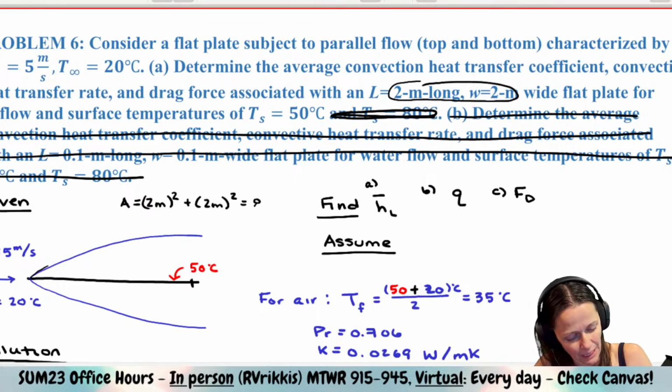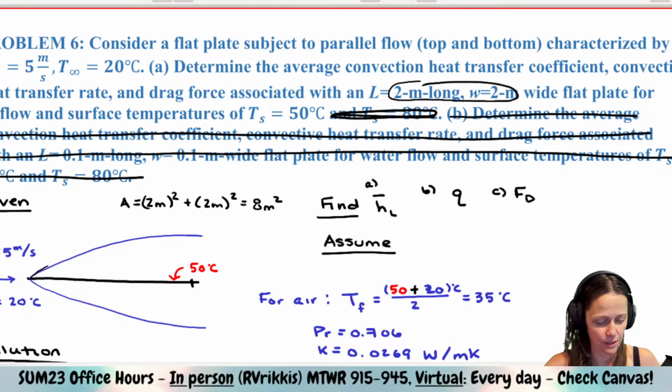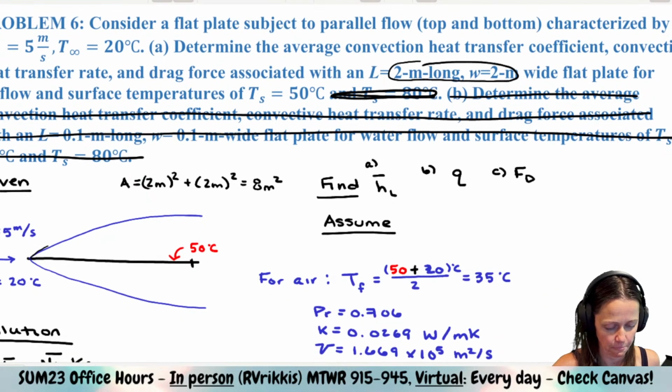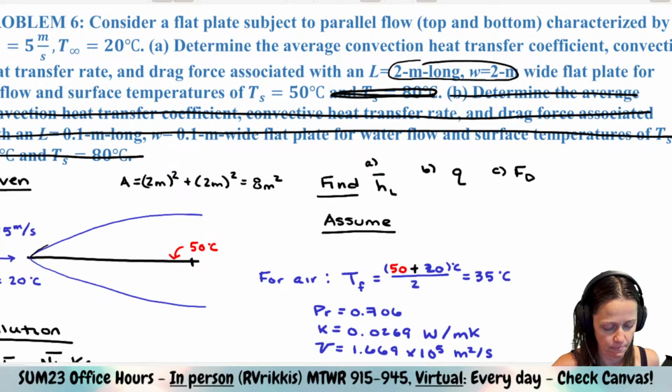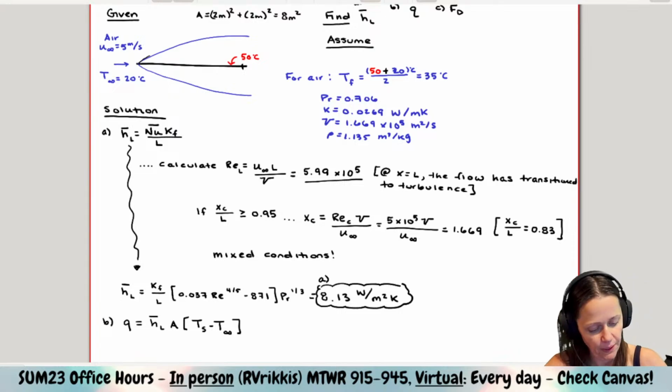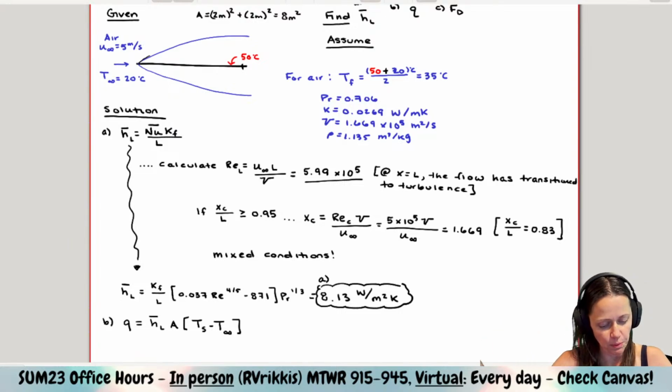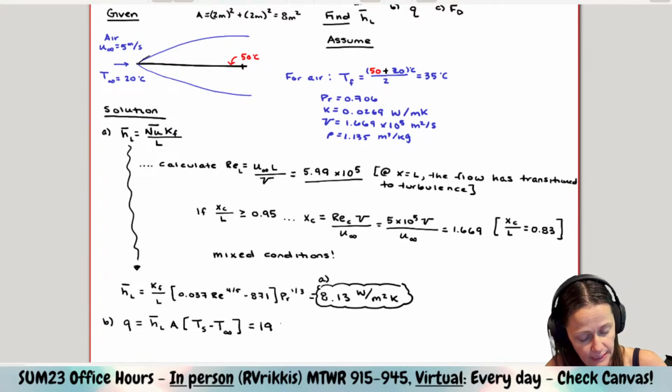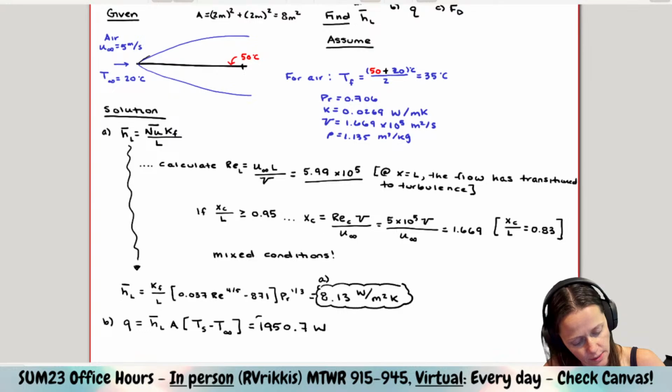So really it's going to be 8 meters squared. Let's make sure that's in there. All right, so I've got my h bar, I've got my area, I've got my surface temperature, it's 50, and my free stream temperature. So this one is plug and chug as well. So I've got 1950.7, and this is watts. Perfect.